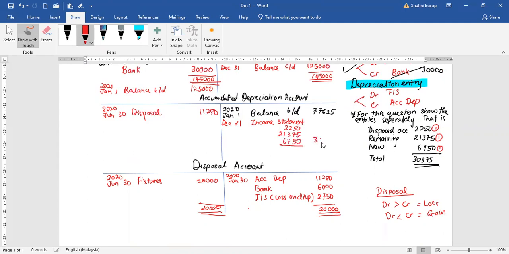Therefore the total will be 30375. One look at it, you know the credit side is bigger than the debit side, so you just have to equalize both sides. So the credit side will be 108000, and this is also 108000. Minus 11250, you'll get 96750. So this is the balance carried down on December 31st.